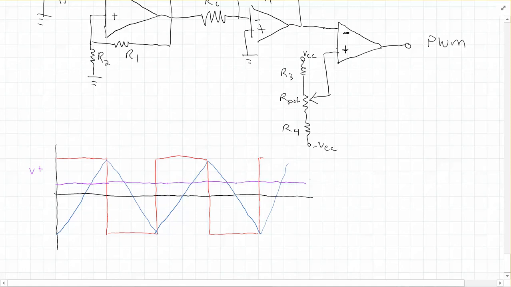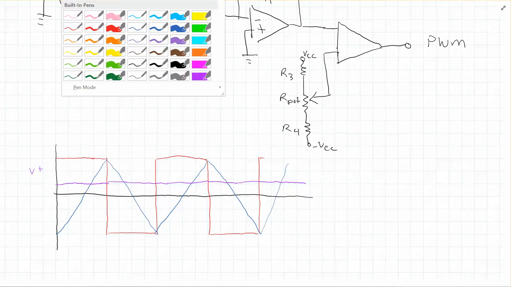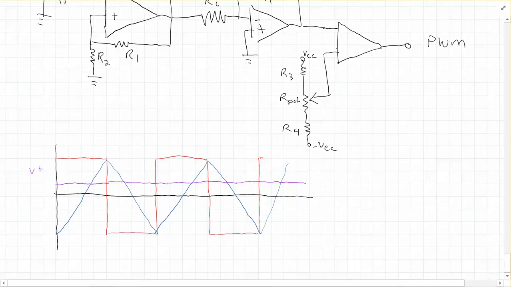Actually, I have this backwards. I need to make one small correction. It's not a big deal. I had it backwards. This should be minus, and then that should be plus, right? Yeah.